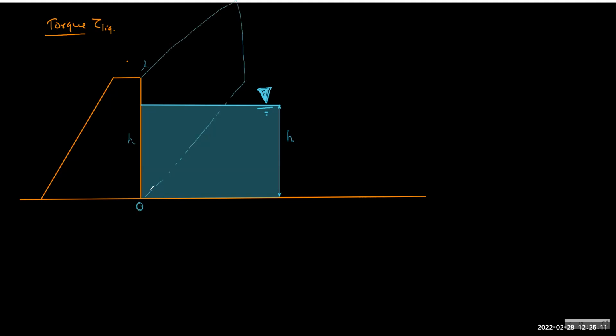We can think in two dimensions as a point, and that's not a bad thing. So find the torque about O from scratch. This is not difficult. The way you did the force from scratch, you can do the torque from scratch. Find the force at an elementary strip, then find the torque about O due to that force, and then integrate.